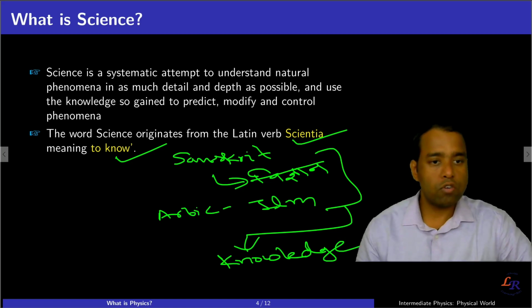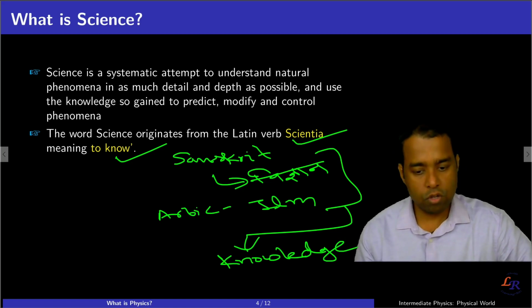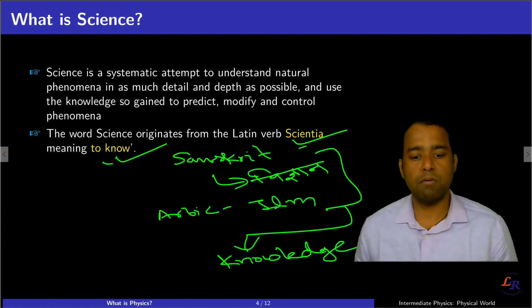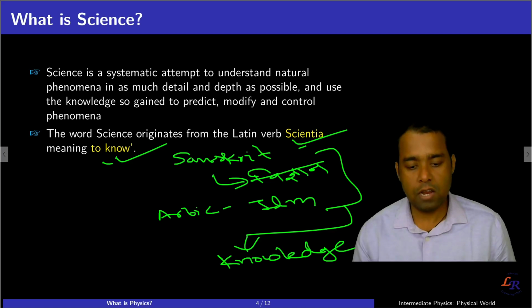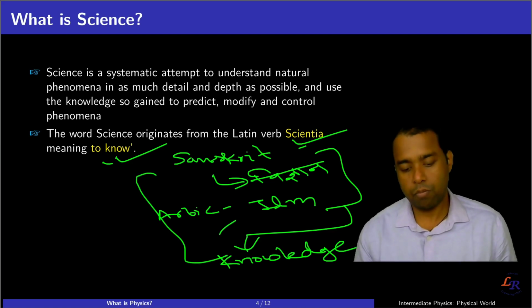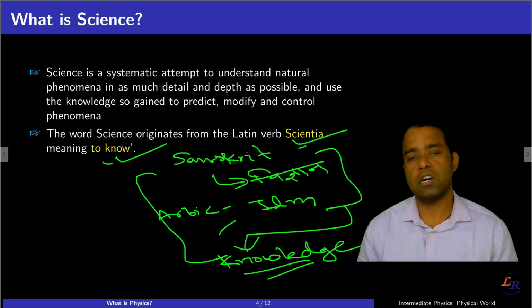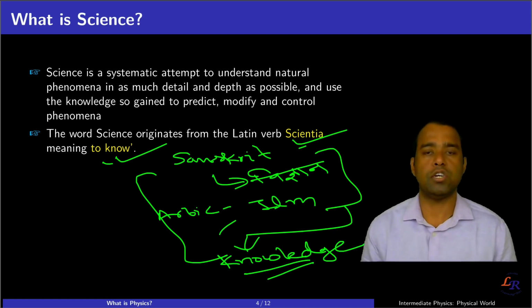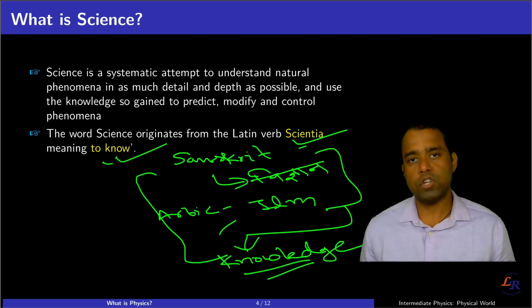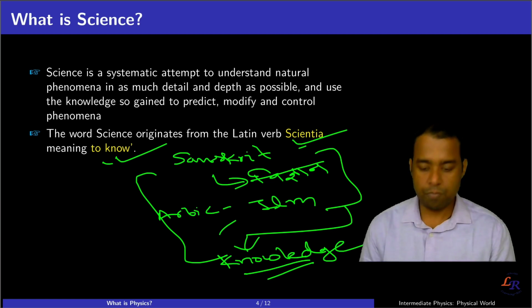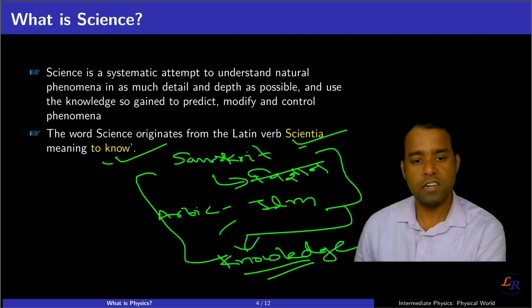So you can see that this originates from the Latin verb scientia, meaning to know, and science is called vigyan in Sanskrit and ilm in Arabic, and the meaning in all these words is knowledge. So ultimately science is a kind of knowledge which we gather through different processes. We will see how we can make our understanding of science more detailed.